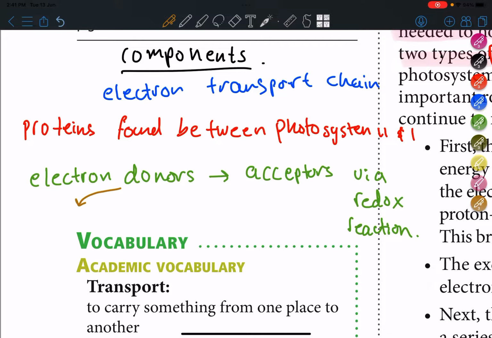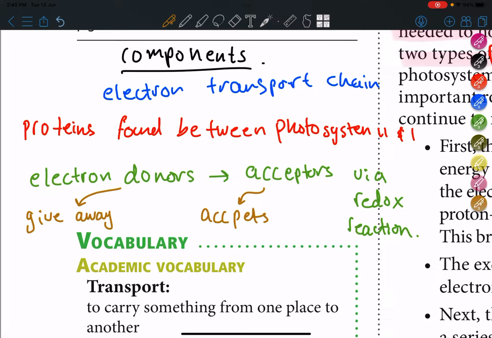What are electron donors? An electron donor is an ion or a molecule that gives away electrons to another ion or molecule. Now, electron acceptors, they do what? It is an ion or a molecule that accepts electrons from another ion or molecule.